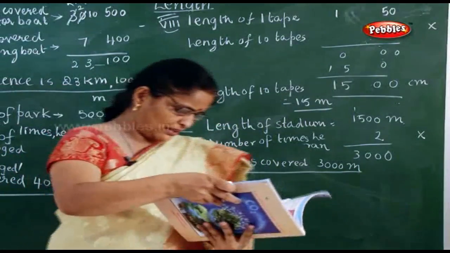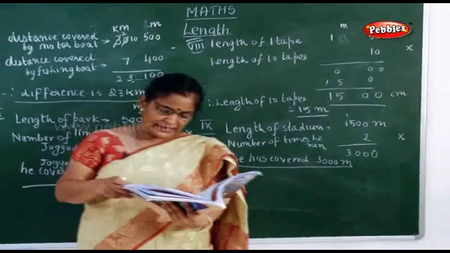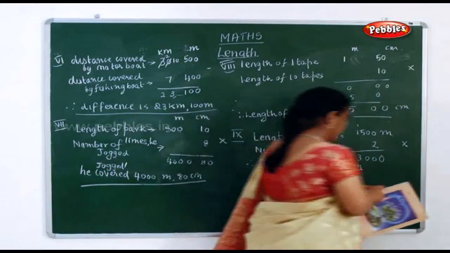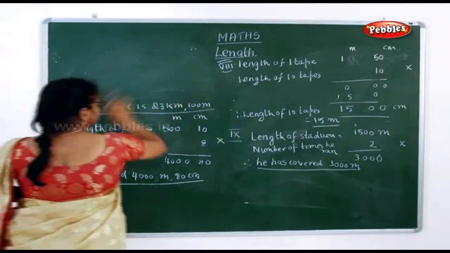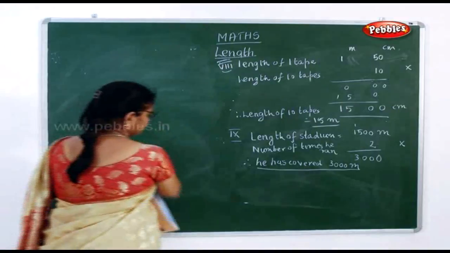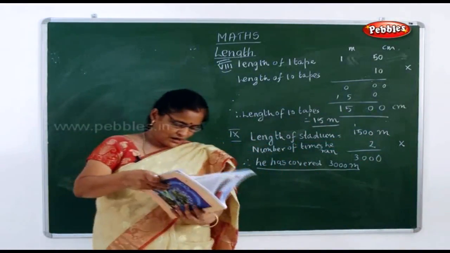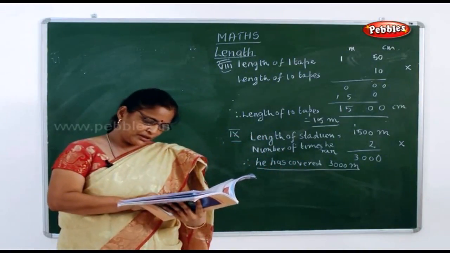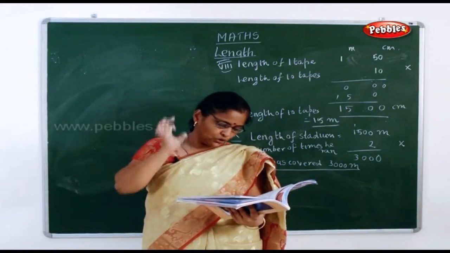Now next sum, your 10th sum. A roll of wire is 8 meter and 90 centimeter long. If it is cut into 9 pieces, so what have they given us?